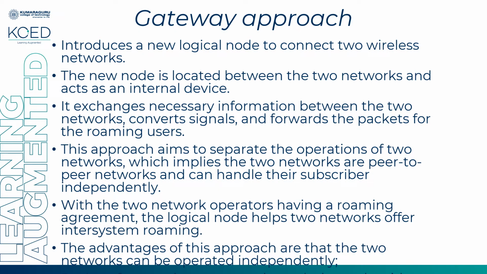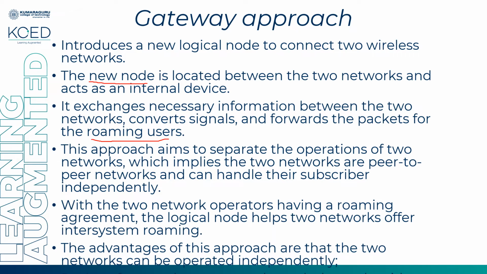Yes, so what is the principle here? We are going to introduce a gateway node between the two networks. So this gateway node will exchange all the required information to forward the packet between roaming users from, say, wireless LAN to cellular network.